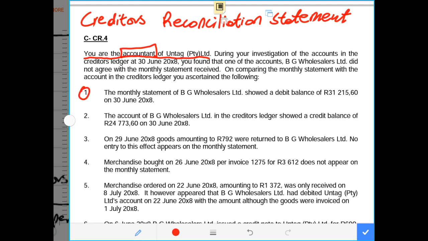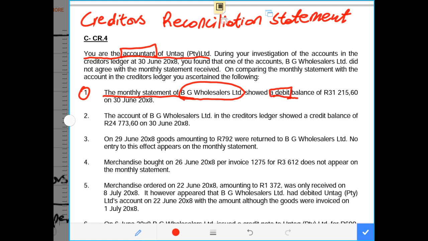Number one says that the monthly statement of BG Wholesalers Ltd showed a debit balance. And the question is, why is this statement showing a debit balance? Remember, it is because the wholesaler, our creditor, sees us as a debtor because the creditor sells inventory to us on credit, meaning BG Wholesalers sells inventory on credit to us. So to BG Wholesaler we are a debtor, but BG Wholesaler to us is a creditor.